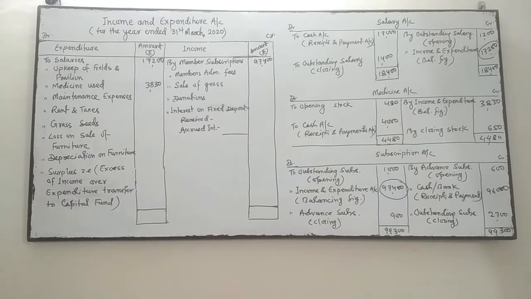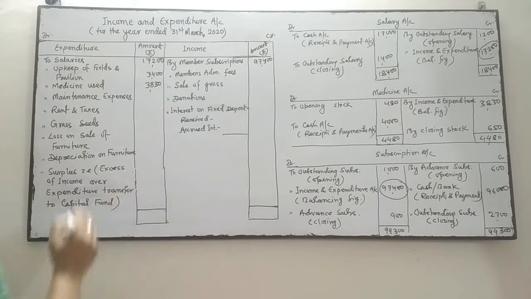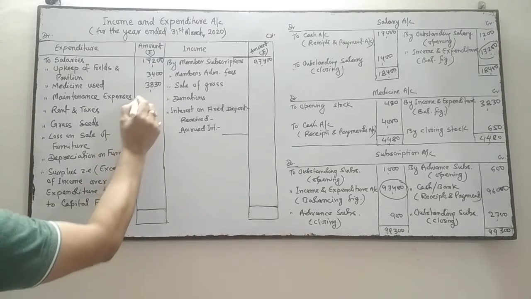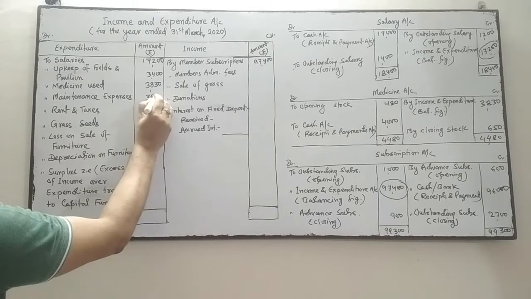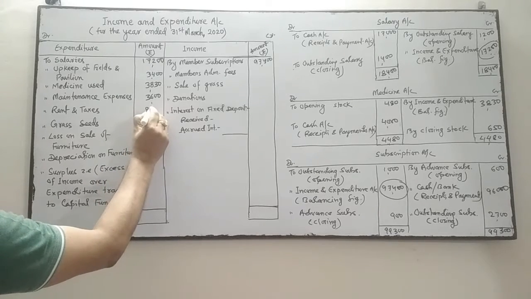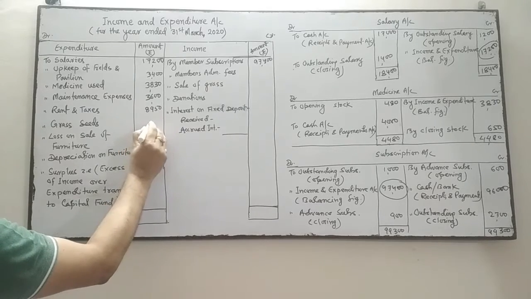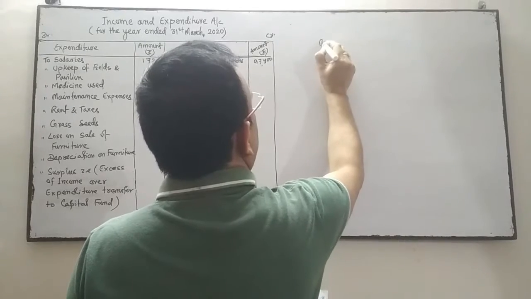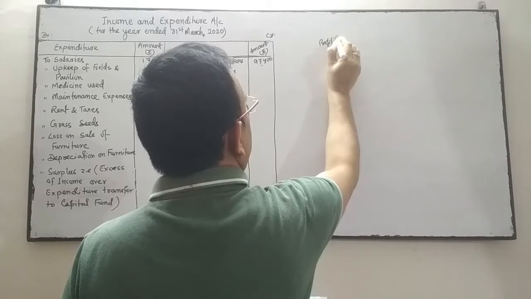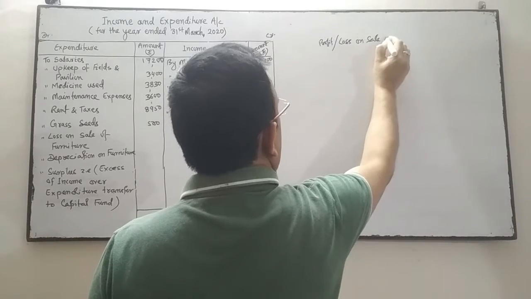You see the receipt and payment account payment side: upkeep of fields and pavilion 3,400, maintenance expenses 3,600, rent and rates 8,950, grass seeds 500. Now the profit or loss on sale of furniture.